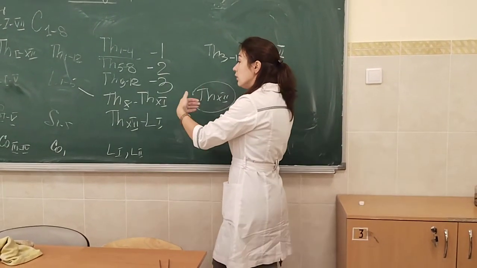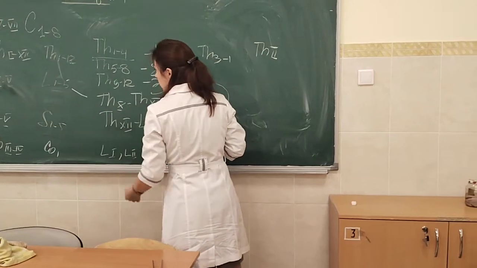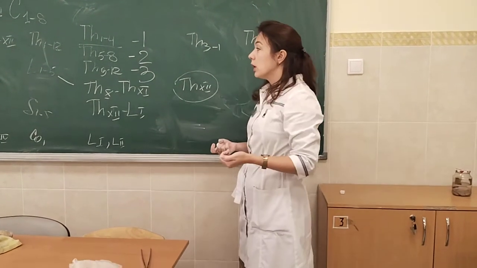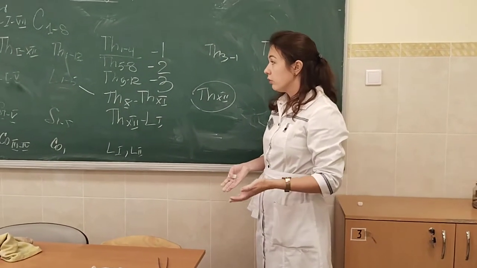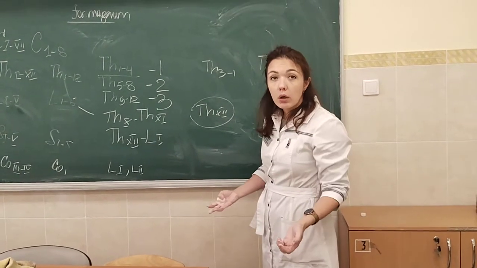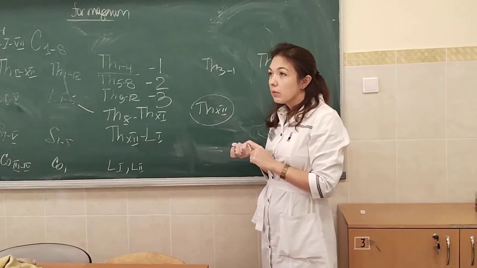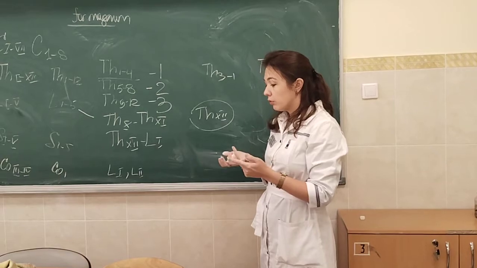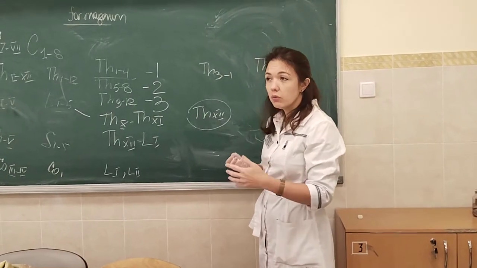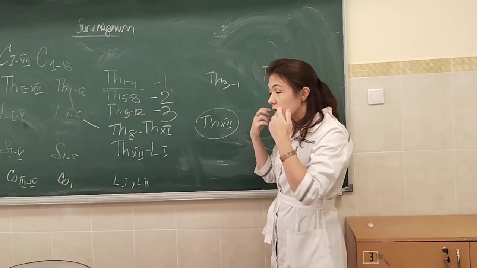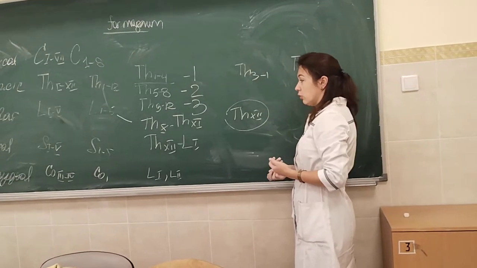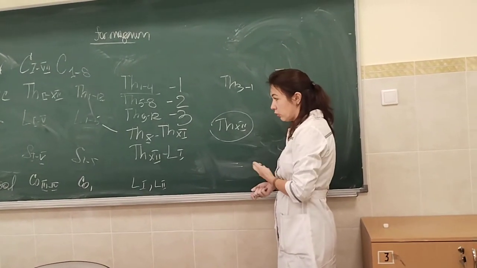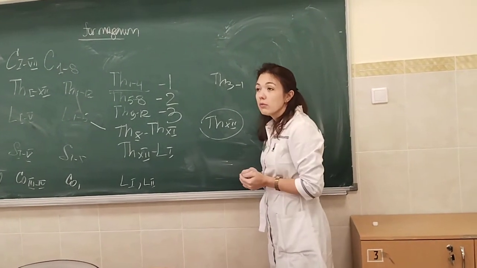The problem will be with the sacral segments, which give branches to the pelvic organs. So he will probably have problems with urination and defecation, so the functions of pelvic organs will suffer, but not the intercostal muscles, not breathing. And vice versa.